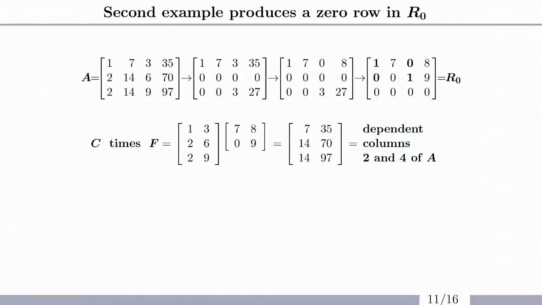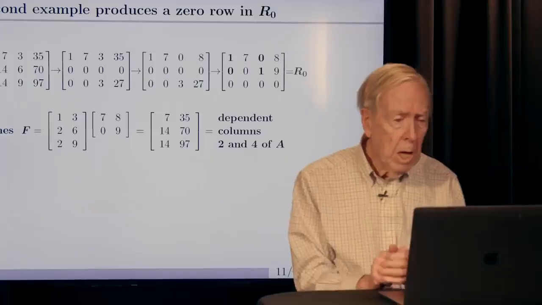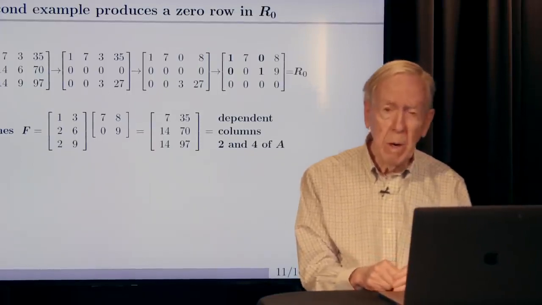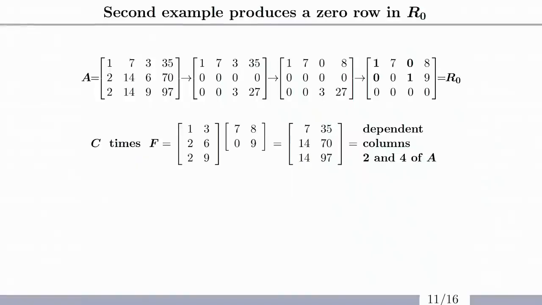And you see what we've done is, well, sorry, we started with columns 1 and 3. So that's our matrix C. Those are the two independent columns. How do I know? Where did C come from? Because that's part of this search. Where are the independent columns?